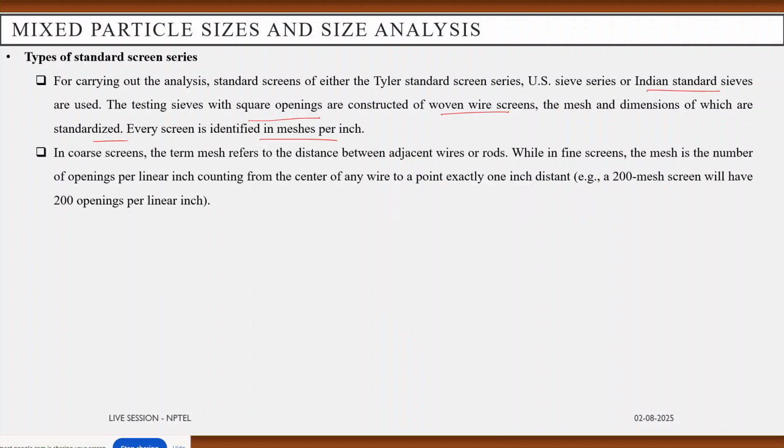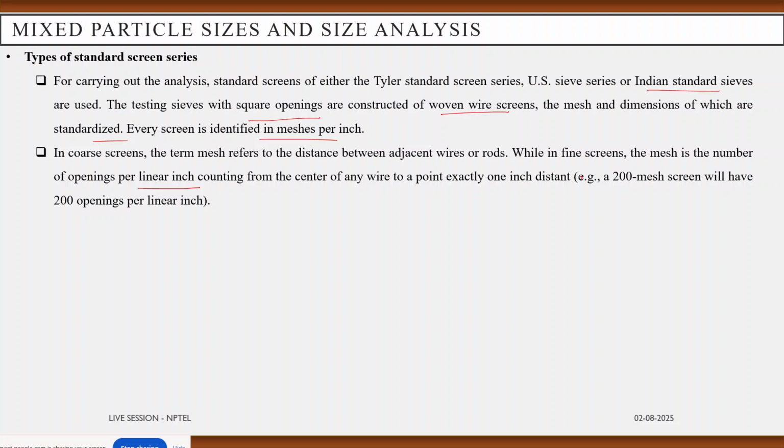When we consider a coarser screen, the term mesh refers to the distance between two adjacent rods or wires. While in fine screens, the mesh is the number of openings per linear inch, counting from the center of any wire to a point exactly 1 inch distant.